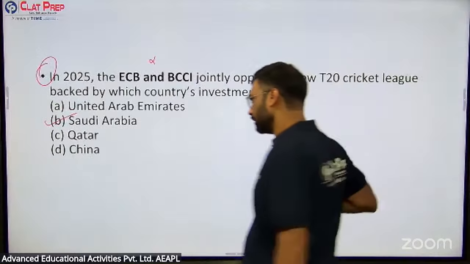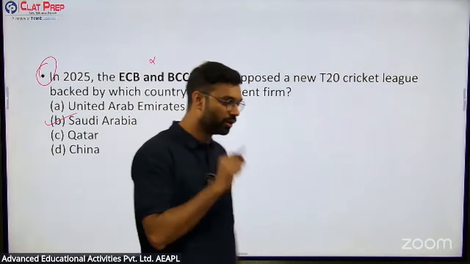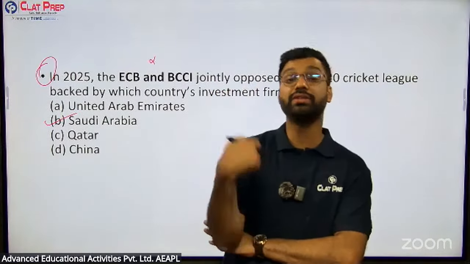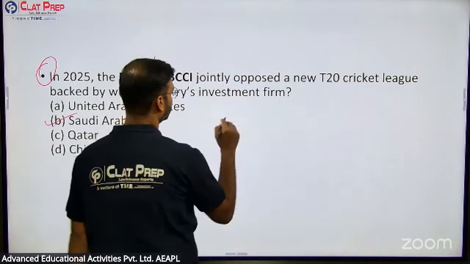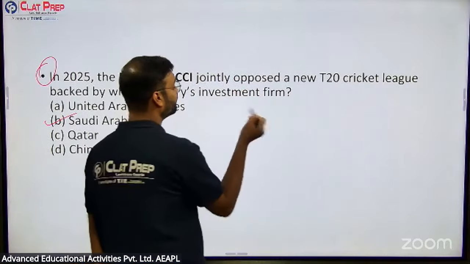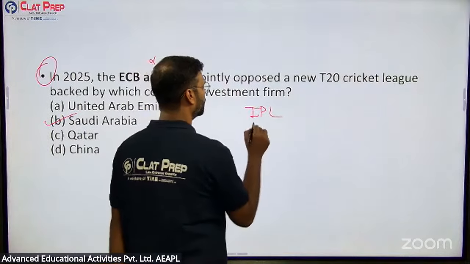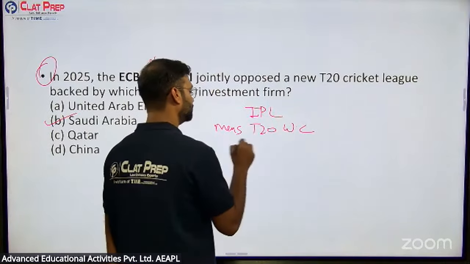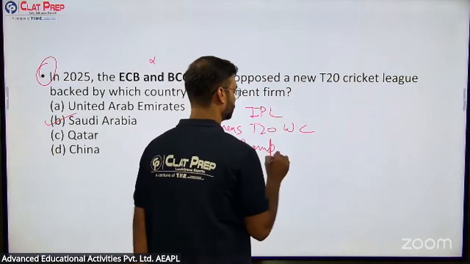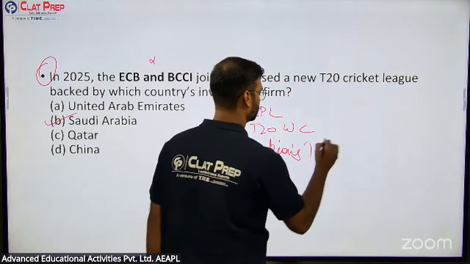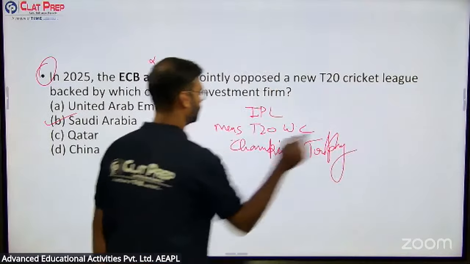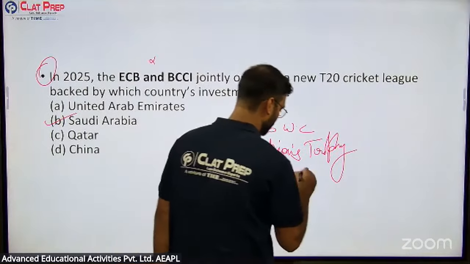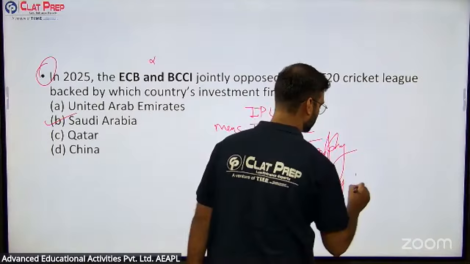Now, the idea that I wanted to convey with all the previous questions was that cricket is an important area from where questions can be asked. And the major events in cricket in the year 2025 were, in fact, four major events: the IPL, the Men's T20 World Cup, the Champions Trophy, and the Women's One Day World Cup.